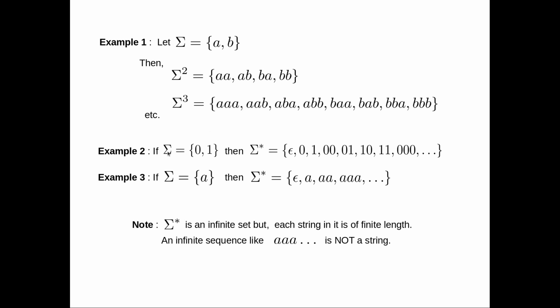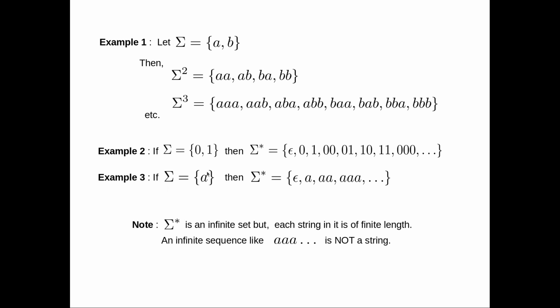Similarly, if I take symbols 0 and 1 and take sigma star, it will contain all strings constructed out of 0 and 1, including the empty string. Okay, and all possible strings. Again, 0 and 00, 000, these are different strings, right?